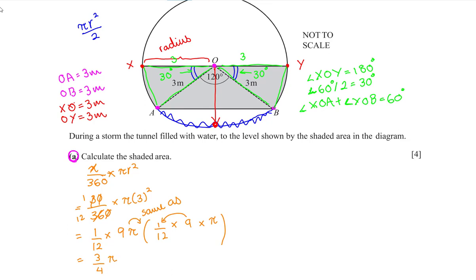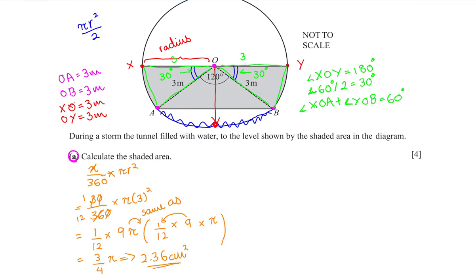Now by using our calculators, 3 over 4 pi, we shall get 2.36. And I told you guys that you must do it to three significant figures, 2.36 centimeters squared. Okay, so that's the area of one sector.